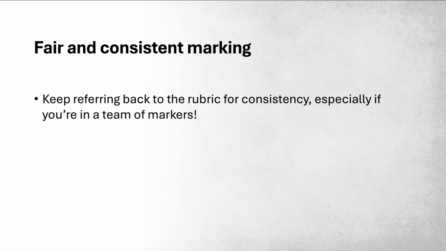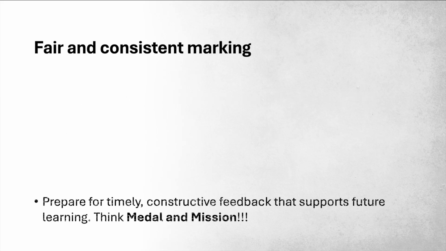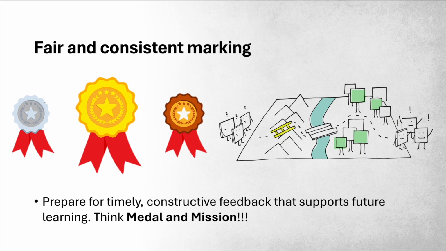And where possible, incorporate double marking or ensure you've got moderation to strengthen the reliability of your grades and feedback and to reduce individual bias. Finally, prepare to deliver timely, constructive feedback to students that justifies their grade and also supports their future learning and development. You might want to take a medal and mission approach. This is a simple feedback approach where medals highlight what students did well and missions give clear next steps for improvement.